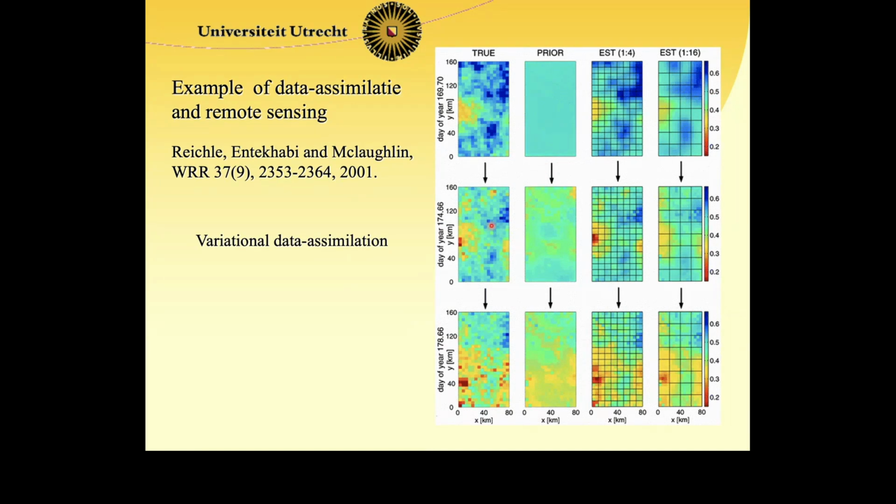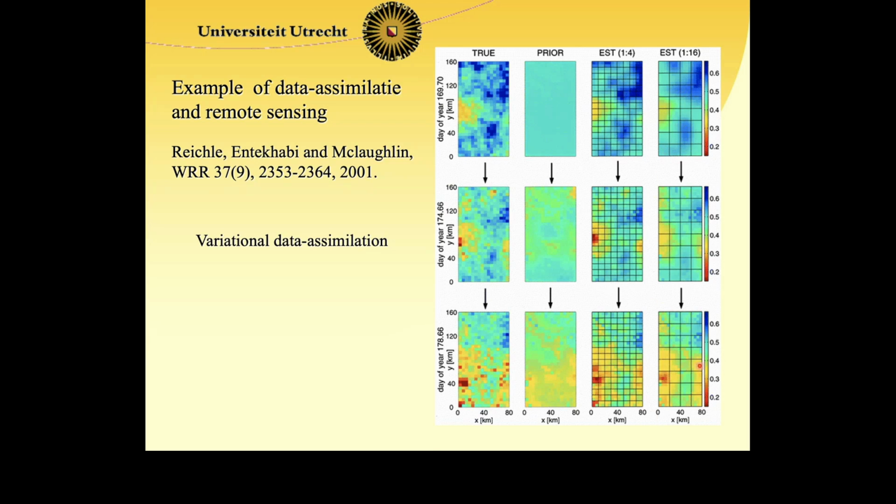And this is an example of a group at MIT from 20 years back already, where they have a true moisture state that develops in time. They have a model that tries to estimate it, and you can see there are errors, but they also have satellite images. This is a high resolution footprint, and this is a low resolution footprint.